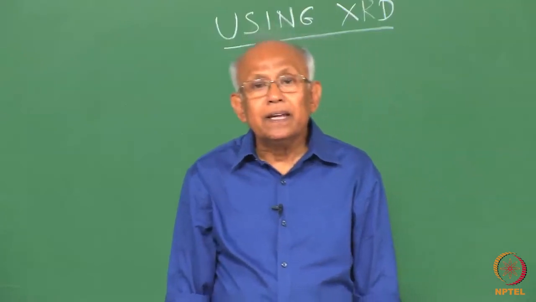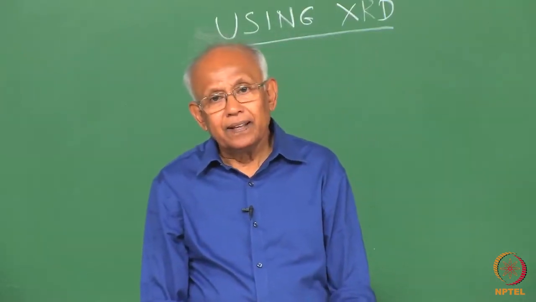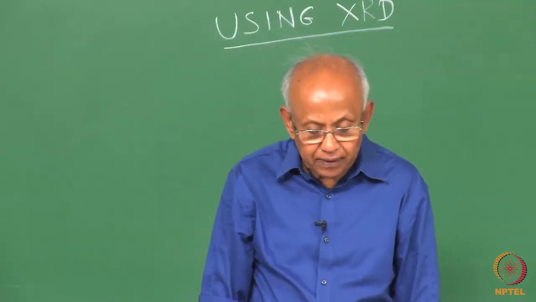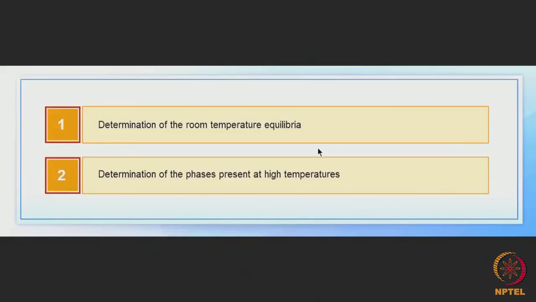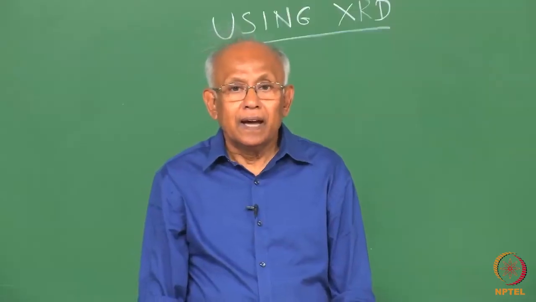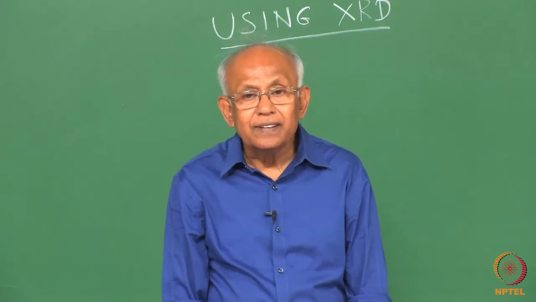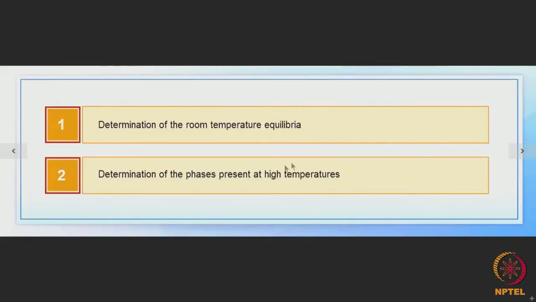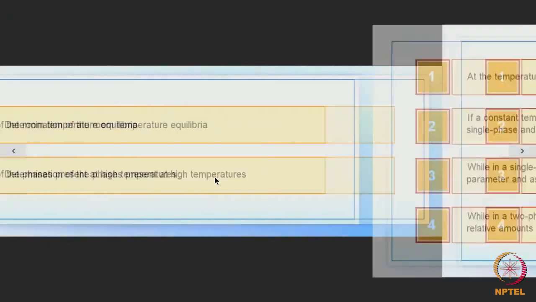Now, in order to determine a phase diagram or an equilibrium diagram, we must be able to determine the room temperature equilibria. We must be able to determine the equilibrium phases that exist at room temperature, and side by side we must be able to determine the phases which are present at higher temperatures.